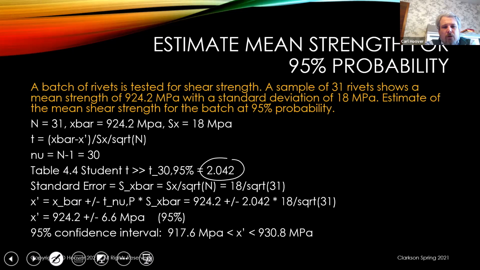And so then our mean is our sample mean, 924.2 plus or minus 2.042 times 18 divided by square root of 31, which is 6.6 megapascals. So with 95% confidence, the actual mean shear strength will be between 917.6 megapascals and 930.8 megapascals.